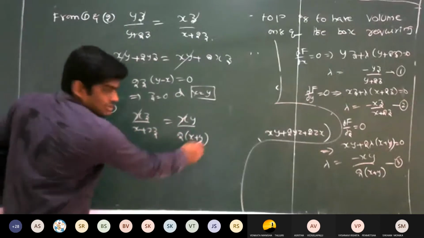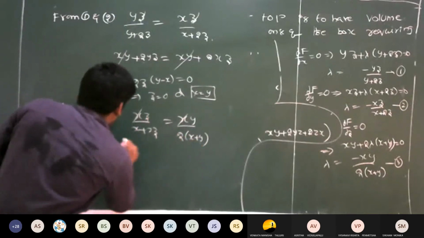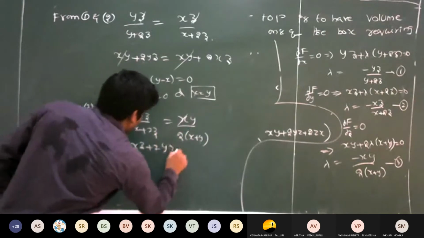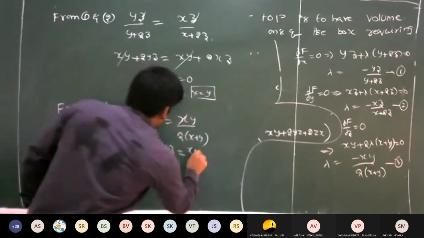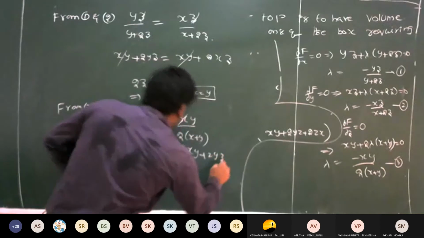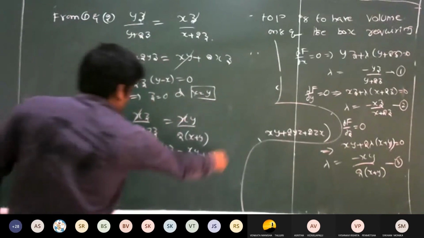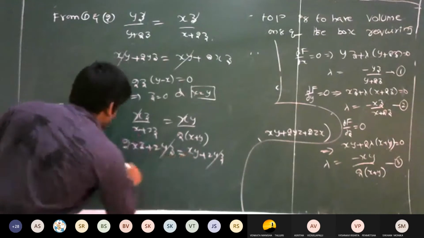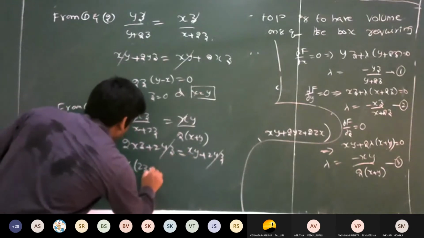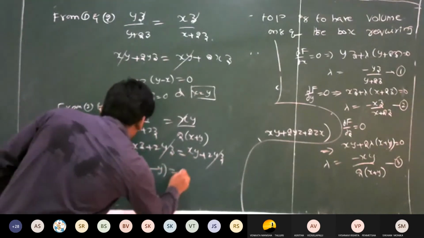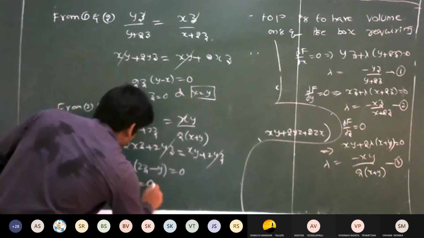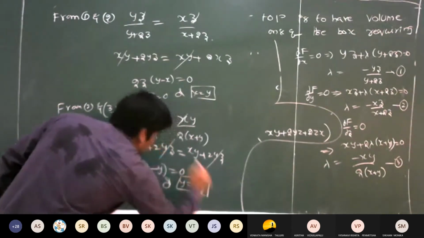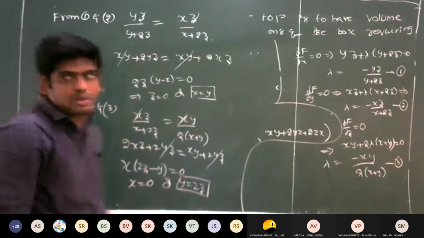So it becomes 2x plus 2y, 2x into z means 2xz plus 2y into z means 2yz, is equal to xy plus 2yz. So here 2yz gets cancelled, and from these two x is common. So take the term, so it becomes 2z minus y is equal to 0. Here either x is equal to 0 or y is equal to 2z. So very simple problem, right?